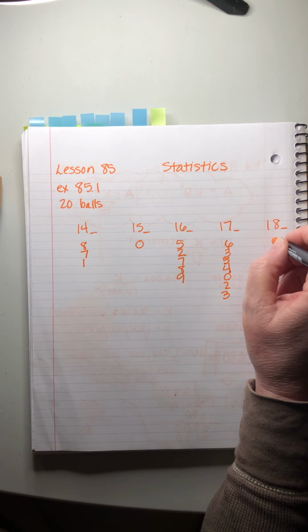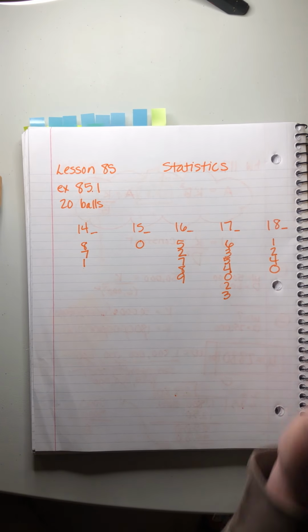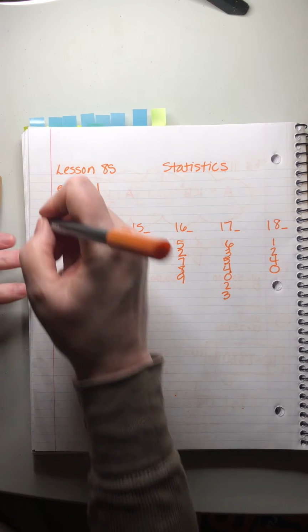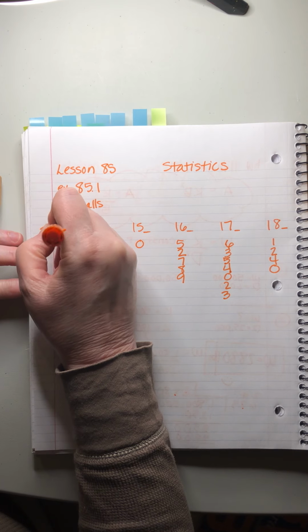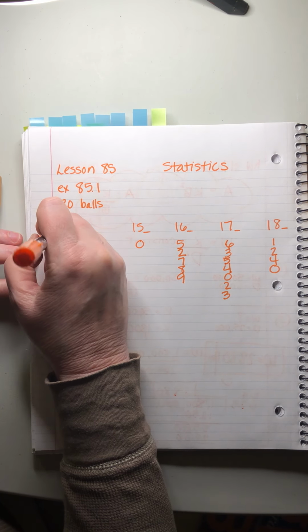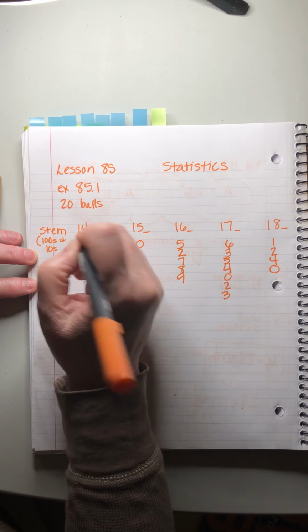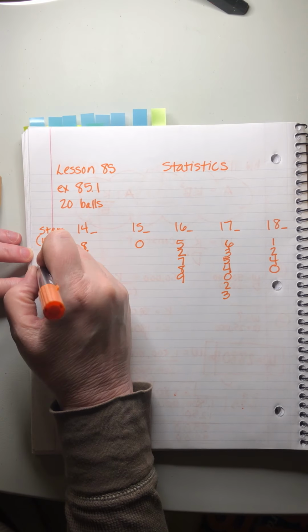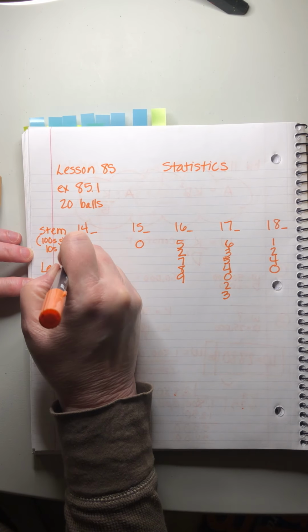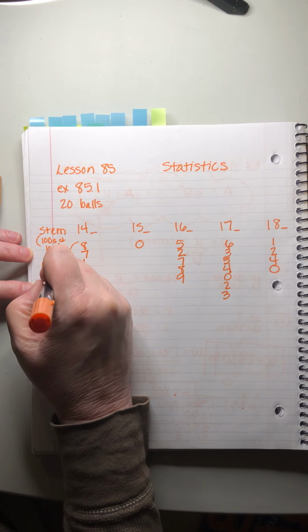And in the 180s, he did 181, 182, 184, and then 180 even. So what John is calling a stem in this example is just the 100s place and the 10s place. And then down here, what he's calling the leaves, that's the ones place.